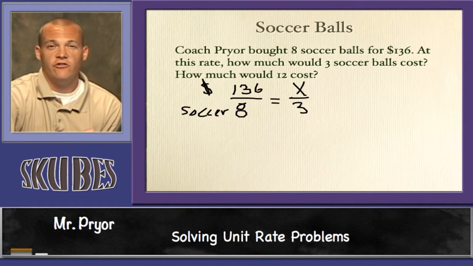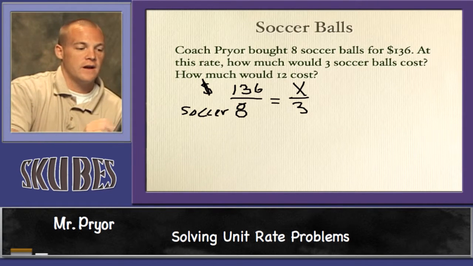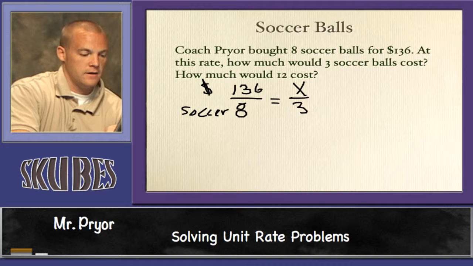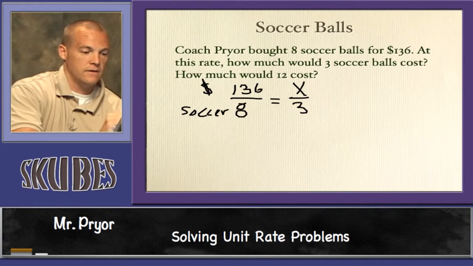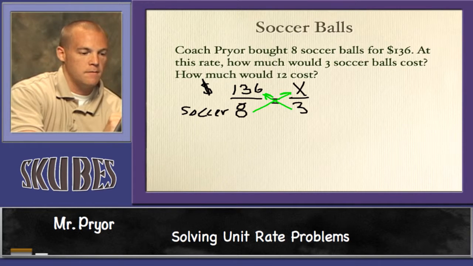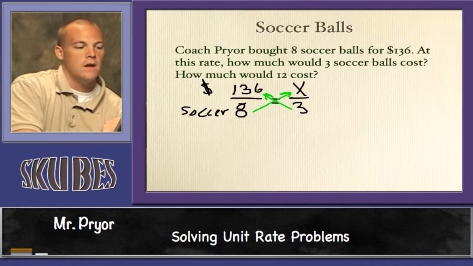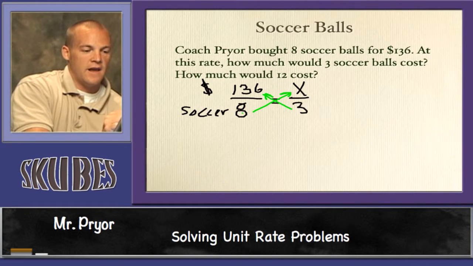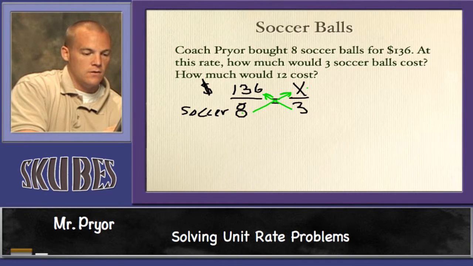We can use the strategy of cross multiplication here to help us out. We learned that in that same percentage lesson. You multiply across the equal sign in both directions, like so. So we're looking at 8 times x, which is going to give you 8x.